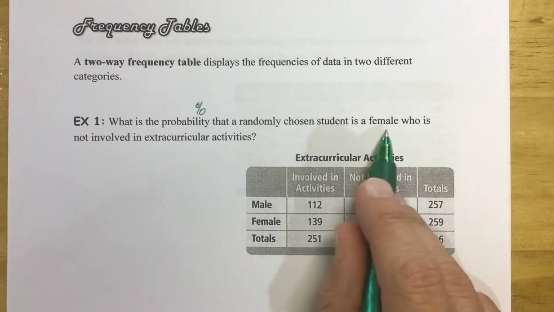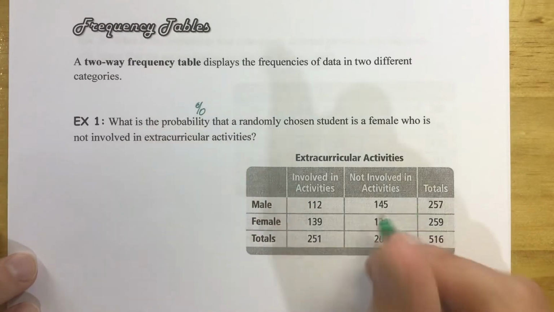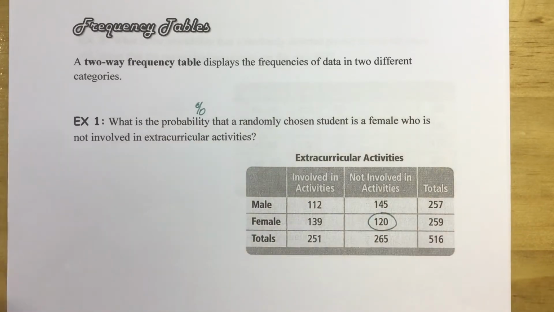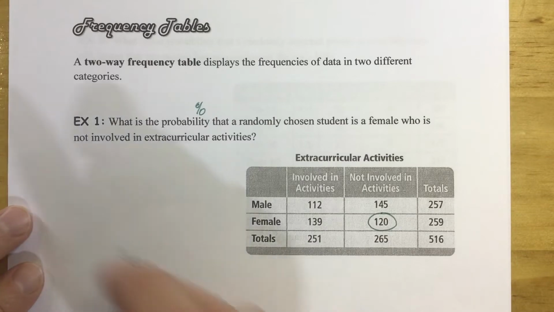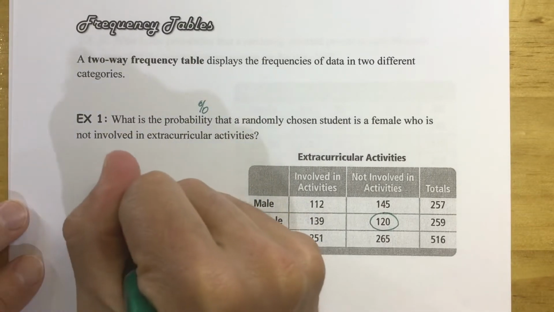But we want a female who is not involved in extracurricular activities. Only those females, the 120. So that's going to be 120 out of 516.